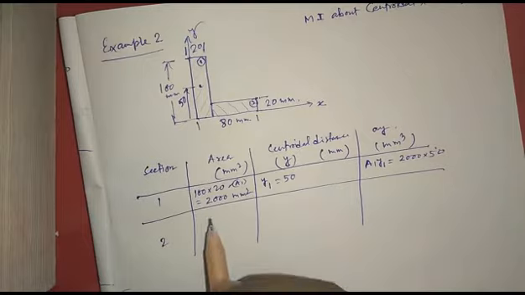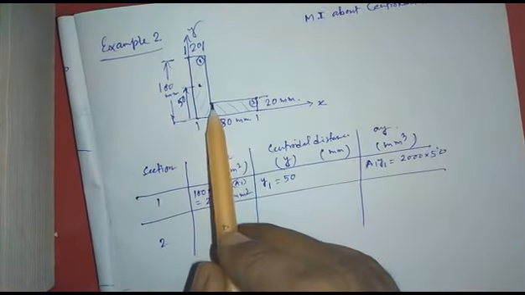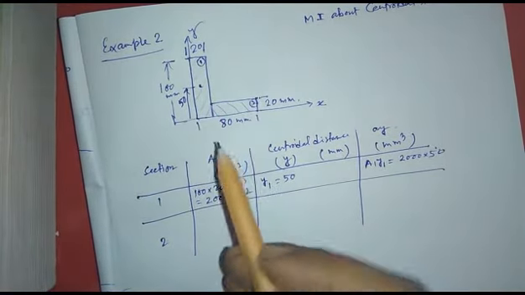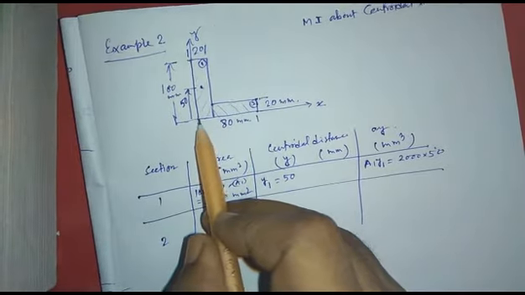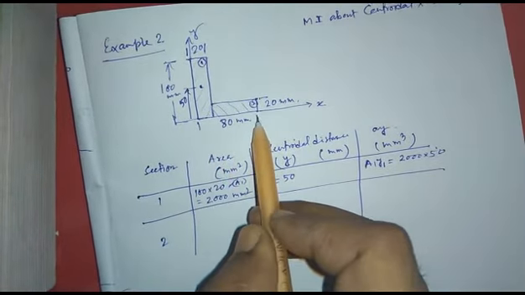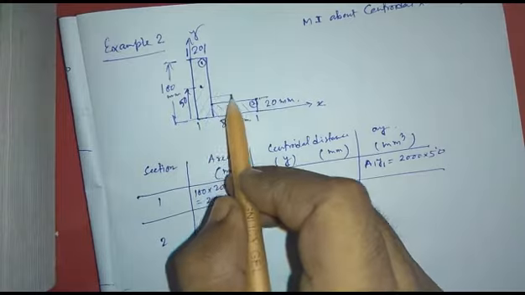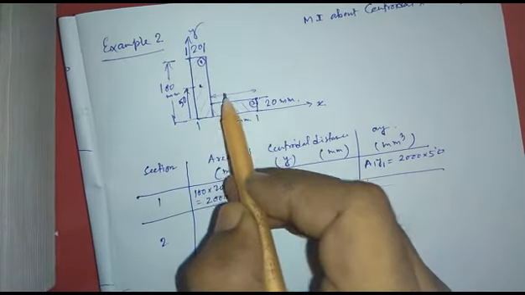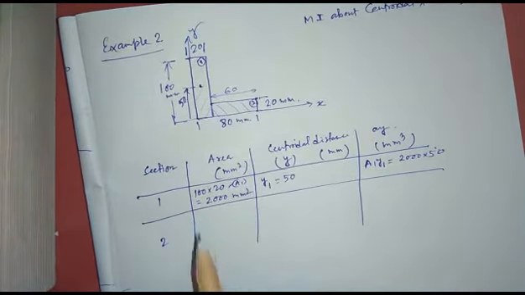Now for section 2, this much is 20 and the total distance is 80. So this distance is 60.